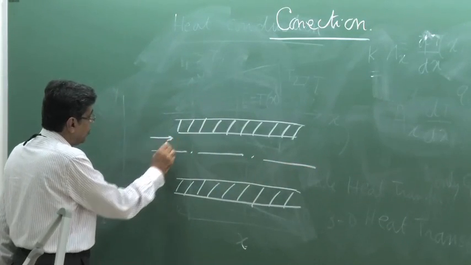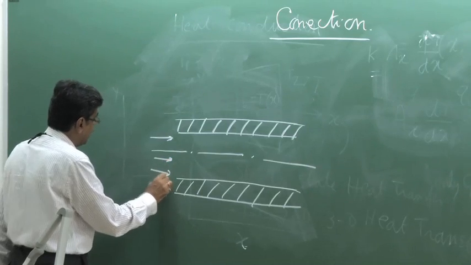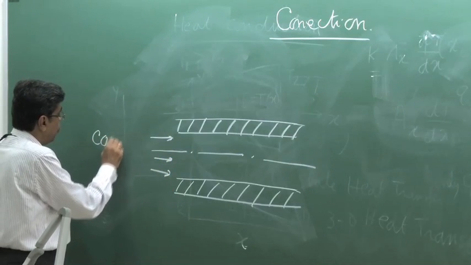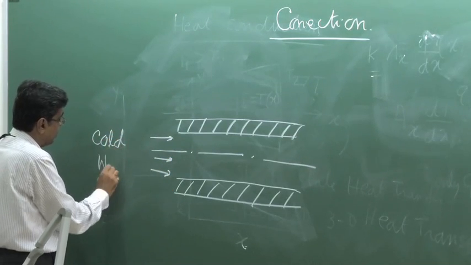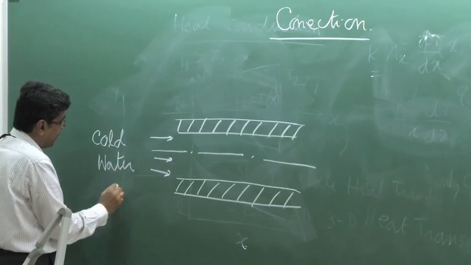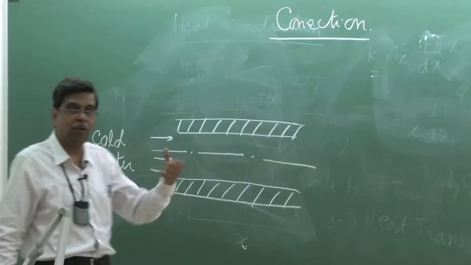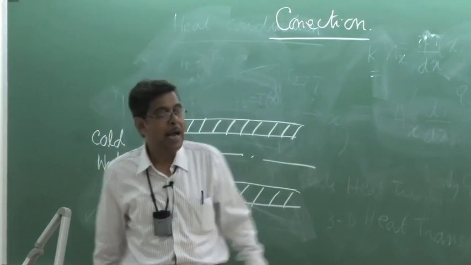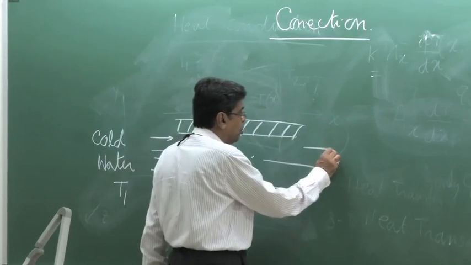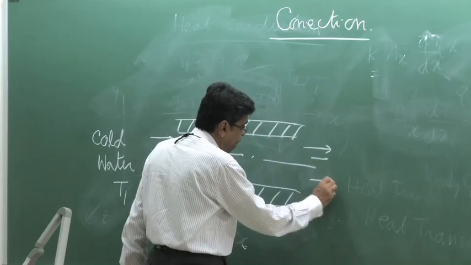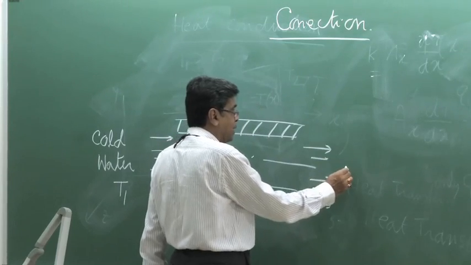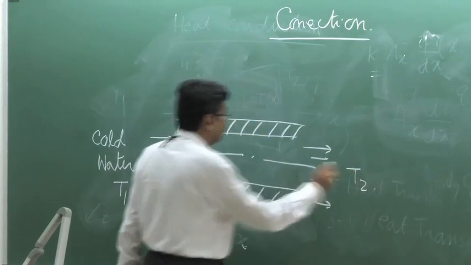where the cold water is flowing like this. This is cold water at some temperature T1, which is obviously the ambient temperature. We get cold water from the ambience, and cold water is flowing out. This is the cold water at a temperature T2.